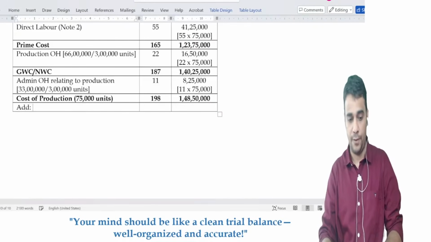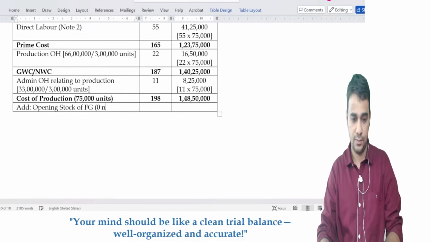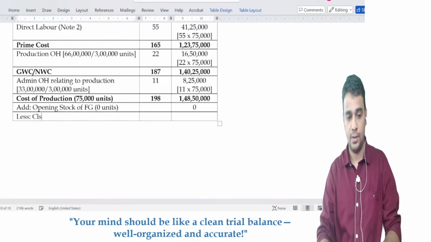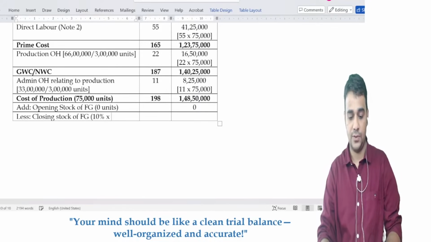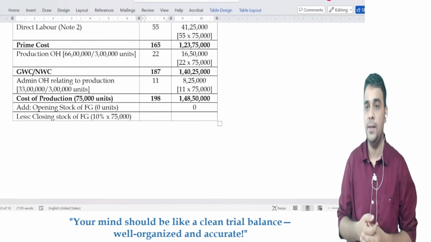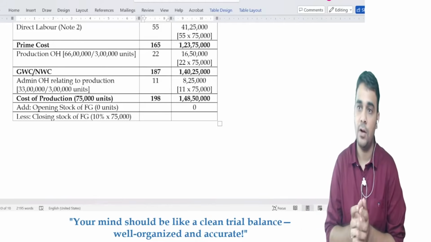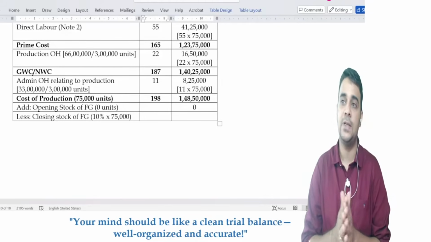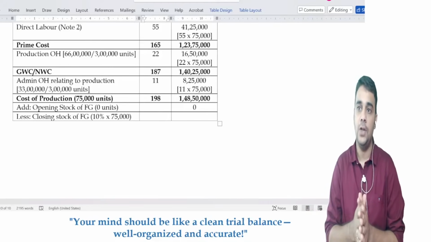Add opening stock of FG, 0 units, value 0, less closing stock of FG, 10% of 75,000, which is 7,500 units, because 90% is sold, 10% is unsold.